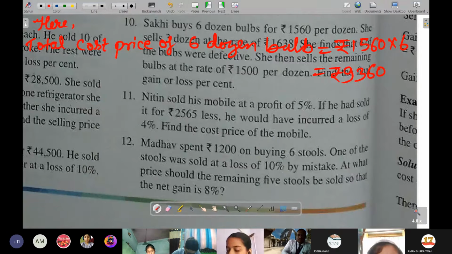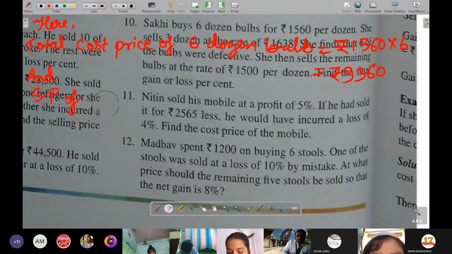Then you will be writing SP of 3 dozen bulbs, or selling price of 3 dozen bulbs. She sold 3 dozen.